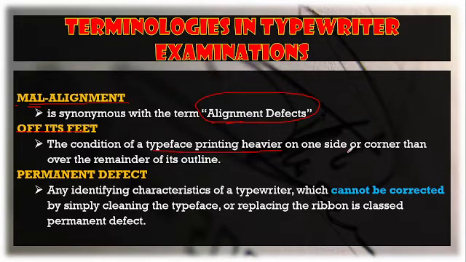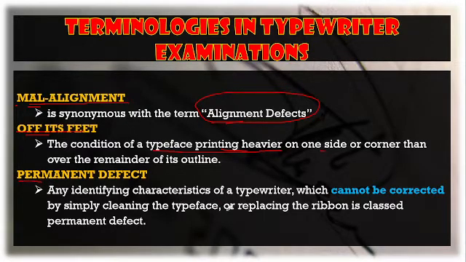And meron din yung let's say in here, sabi naman dyan, printing heavier on one side. So let's say on the right side, mas makapal yung printing niya, but on the other side lumalabo, or mas thicker na. So that is a problem, or we are referring to it as of its fit when it comes to typewriting examination.